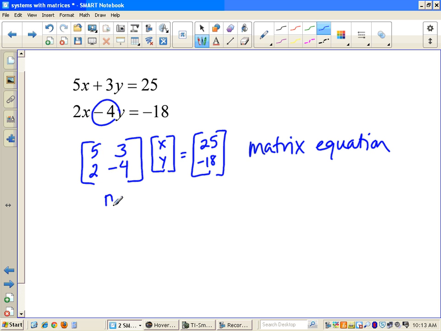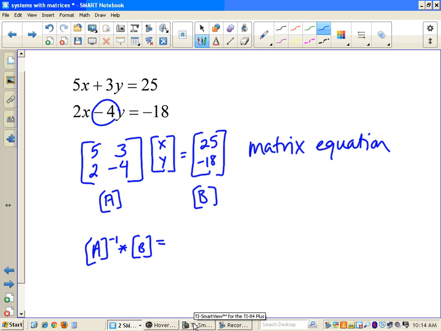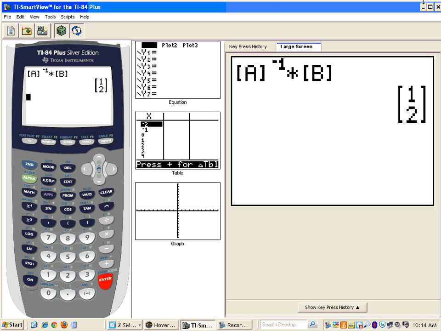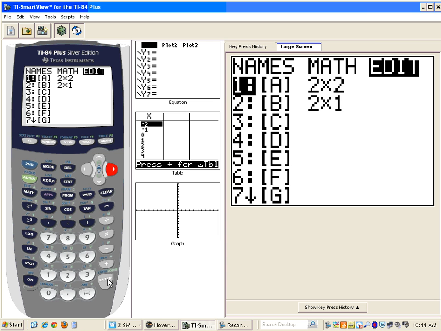I plug this in for A in my calculator, this one in for B. I'm going to solve. So in my calculator, I'm going to do matrix A to the -1 power, times matrix B, and let's plug that in the calculator and see what you get. So back to the calculator, you're going to have to edit, so second matrix, over.